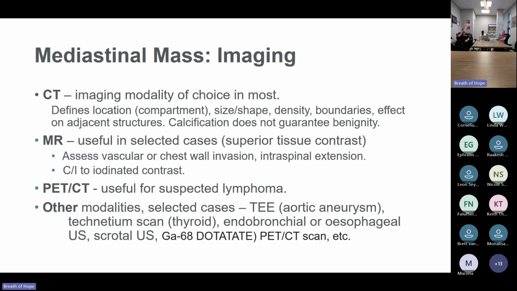Other modalities will be, of course, TEE, what we call transesophageal echo, which is very good in diagnosing aortic aneurysms, or technetium scans for thyroid if they're retrosternal thyroids, or endobronchial or esophageal ultrasound.